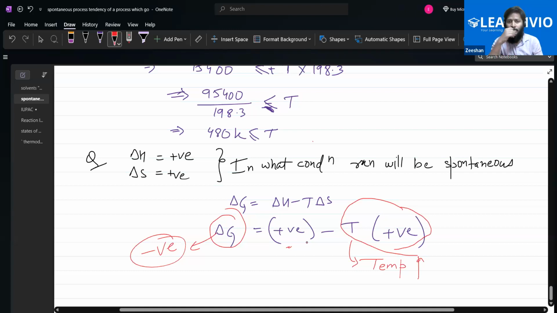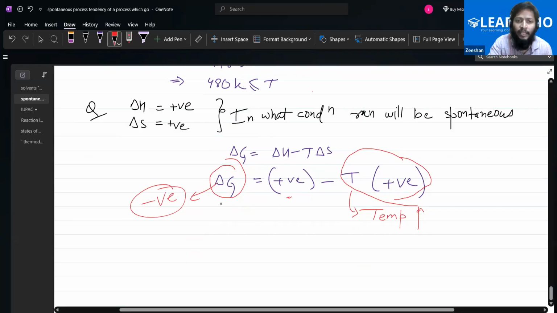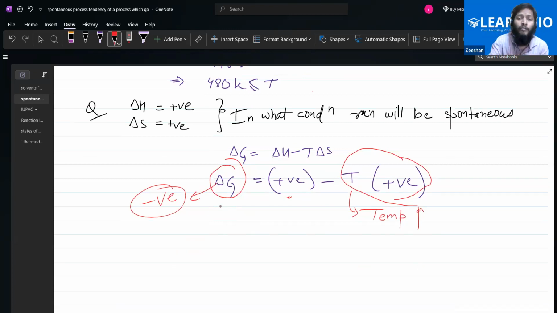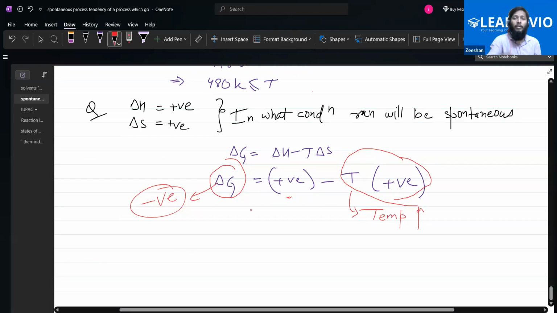We want the reaction to be spontaneous. So if delta H is positive and delta S is also positive, we will make the temperature so high that the overall negative value will become higher than this positive value, right? So in this way our delta G will be negative and the reaction will be spontaneous, right? Yes, sir. I hope you understand this point.